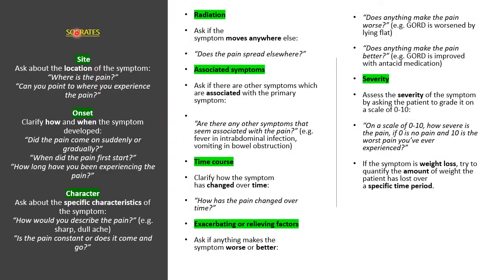Here is the detailed list of the SOCRATES symptom acronym. It is very important to go through this in detail when you're free.